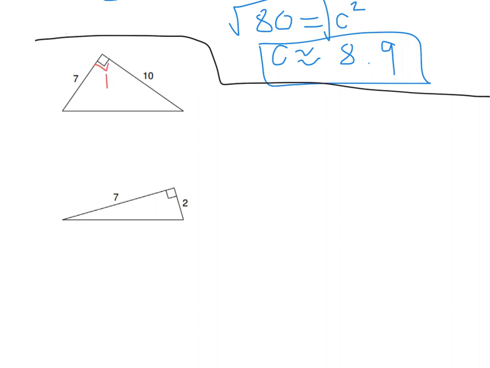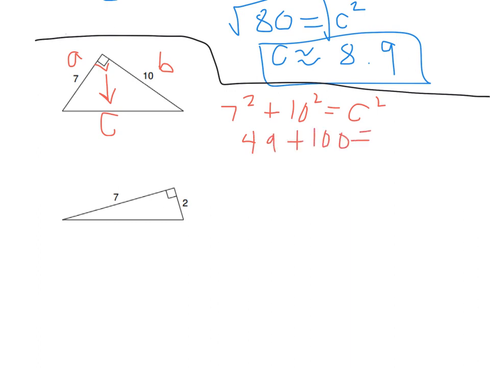Let's go ahead and give this next one a go. Find the 90, across from it is the hypotenuse, which is C. And then you label the other two legs A and B. And then we plug in what we know and solve for what's left over. So A is 7, so 7 squared plus B, which is 10 squared, equals C squared. 49 plus 100 equals C squared.